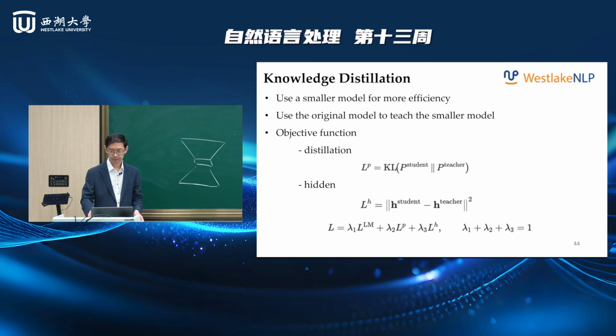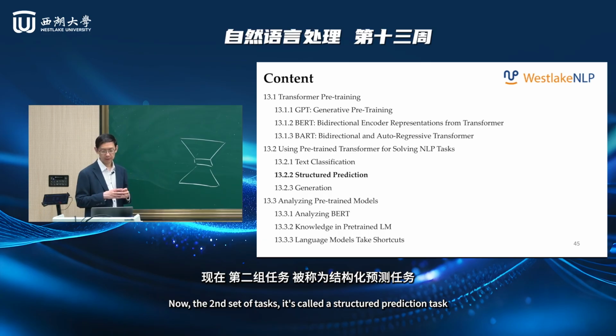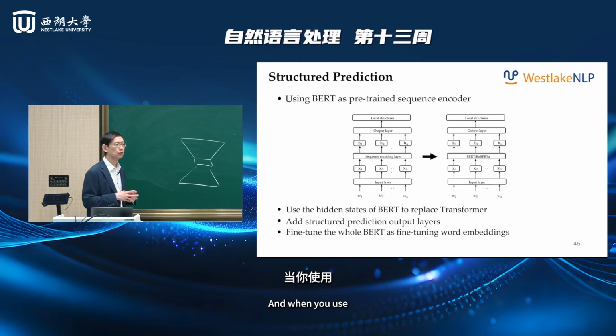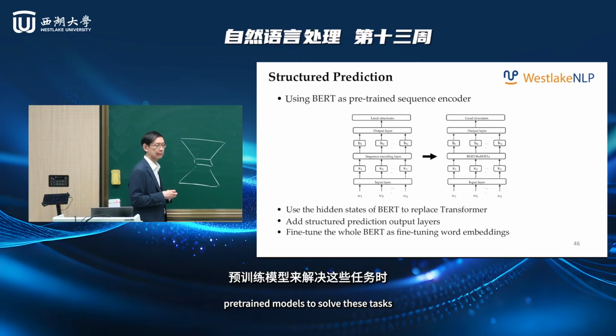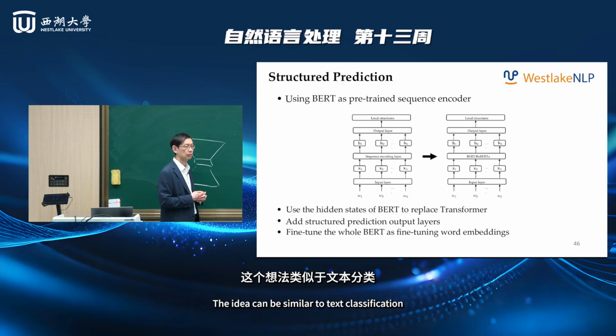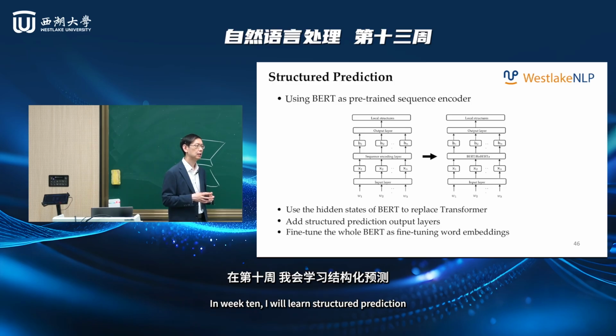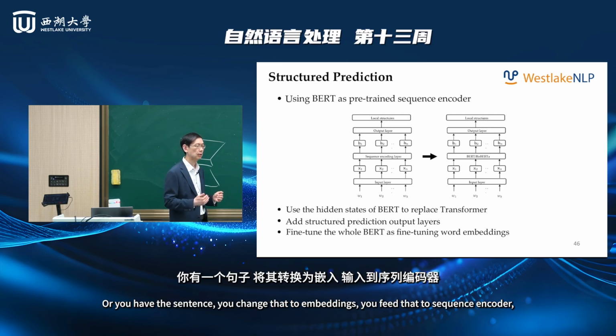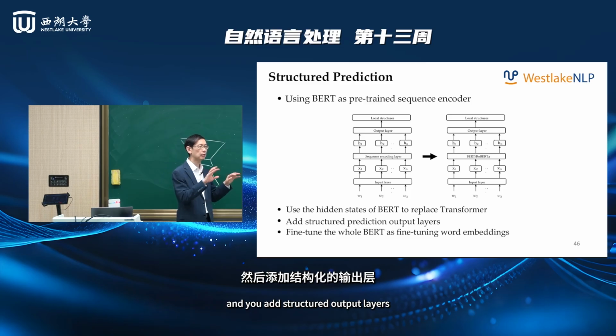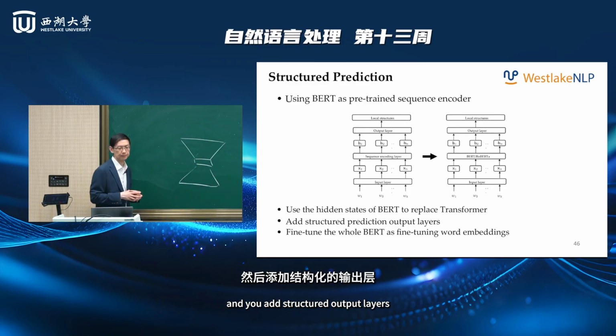Now, the second set of tasks is called structured prediction tasks. When you use pre-trained models to solve these tasks, the idea can be similar to text classification. In week 10, we learned structured prediction. It's very similar to classification. You have the sentence, you change that to embeddings, you feed that to a sequence encoder, and you add structured output layers.